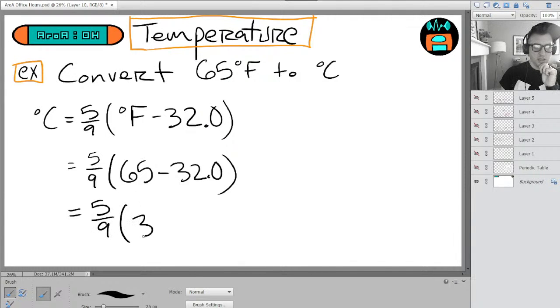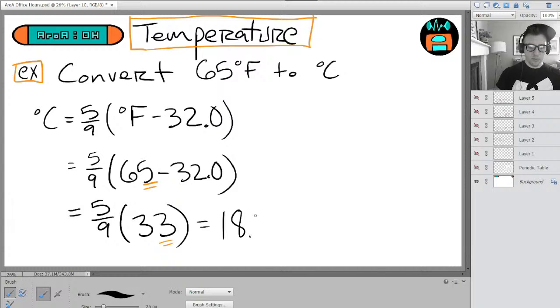65 minus 32 is 33. You'll notice sig figs wise, this is precise to the ones place. So our answer is to be precise to the ones place. And now we multiply this by 5/9. So 33 times 5 divided by 9 comes out to be 18.333 forever.